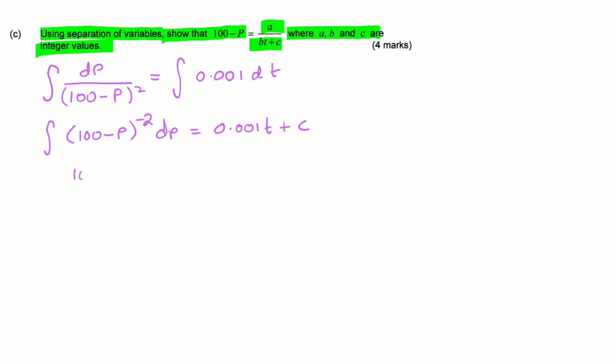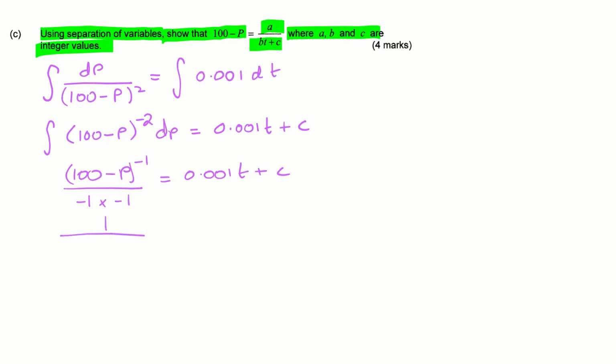So we've got (100 - p)^-1 divided by negative 1 for the power, but also negative 1 for the differential of the inside. That is equal to 0.001t plus c.